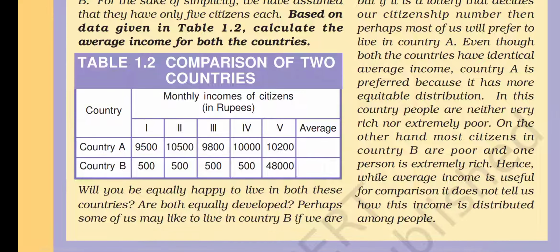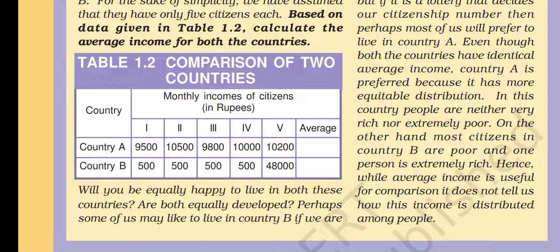If you are given an option to choose the country where you want to live, most of you will probably choose country A because each of them has a different earning, different average income. But if you are given only the option of country B, you might have a condition that only if I am the 5th citizen of country B, then I will go. Because in country B, except for the 5th citizen, the rest have a very low income.